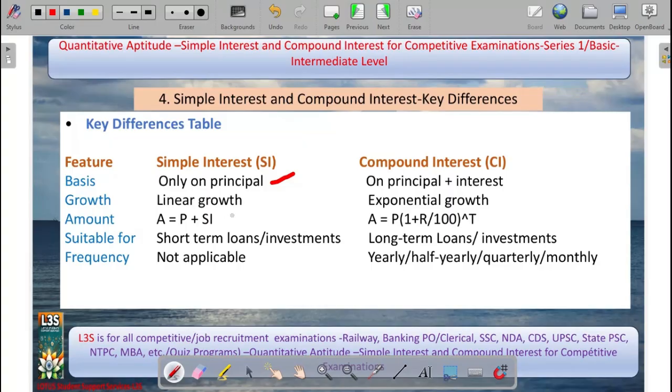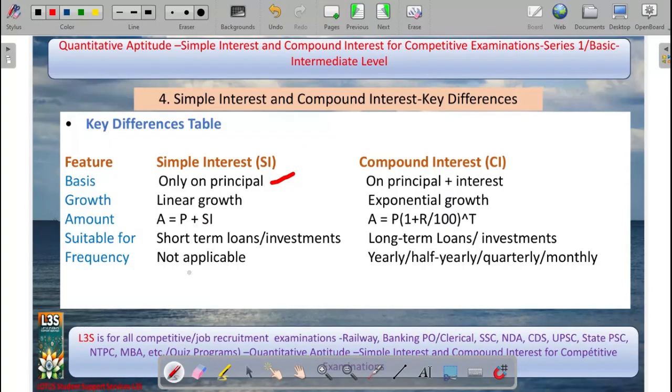Then growth: it is linear growth for simple interest, but compound interest has exponential growth. After some time it will grow exponentially. And amount: A is equal to P plus SI, and here A is equal to P into 1 plus R by 100 to the power T. We have the formula here.